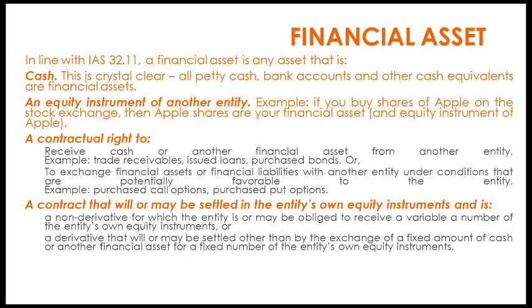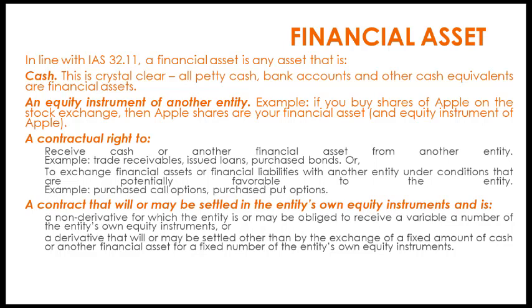Another one is if you have a contractual right to receive cash or another financial asset from another entity. Examples of this will be receivables, loans, and purchased bonds to or coming from another entity.